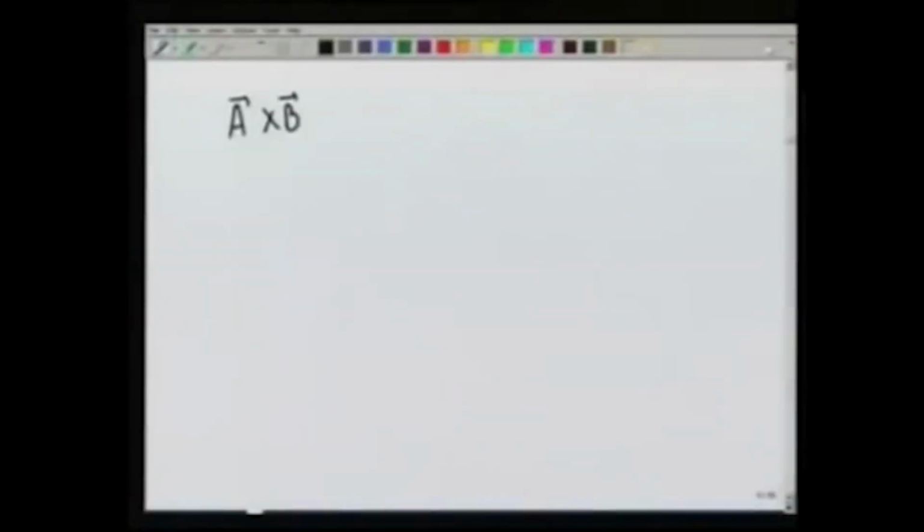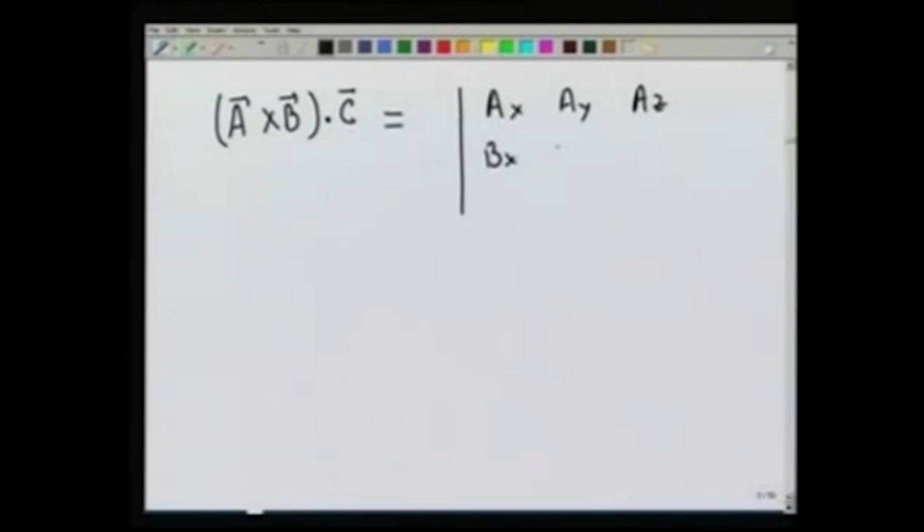Next, we look at A cross B dotted with C. This I leave for you to show is the determinant with rows AX, AY, AZ, BX, BY, BZ and CX, CY and CZ.